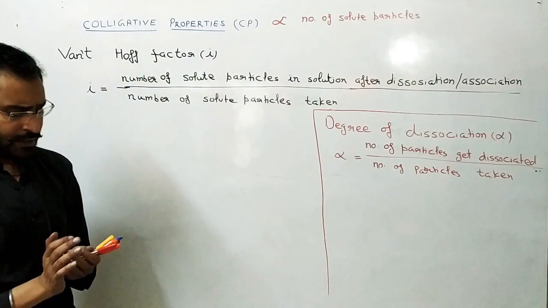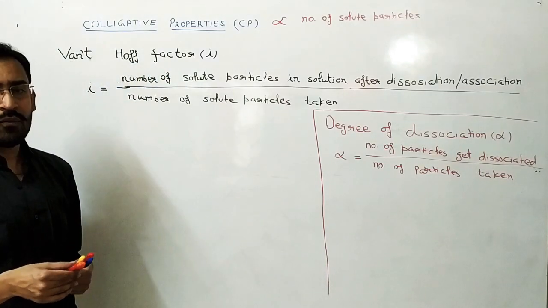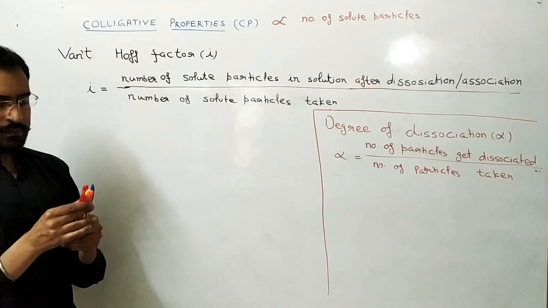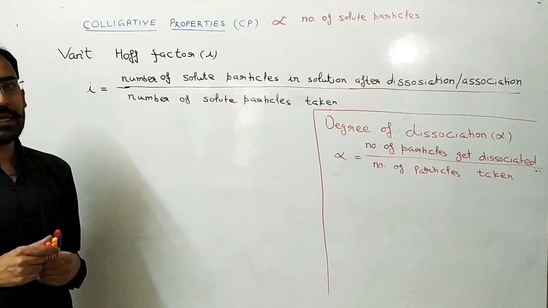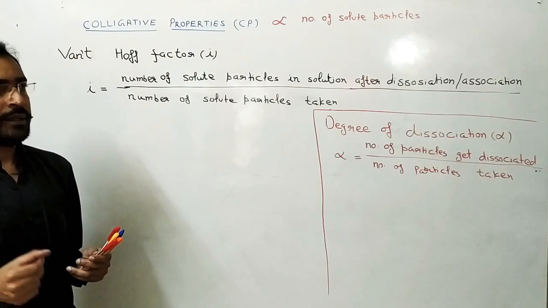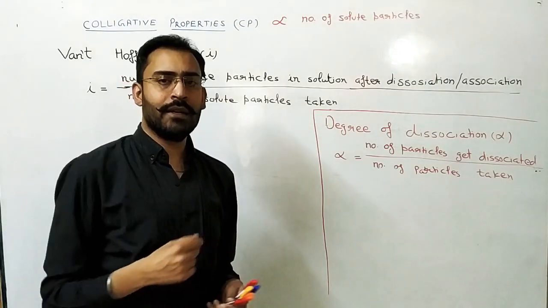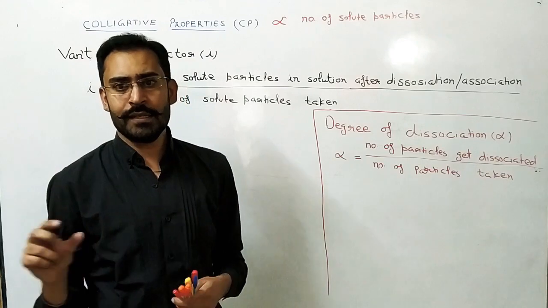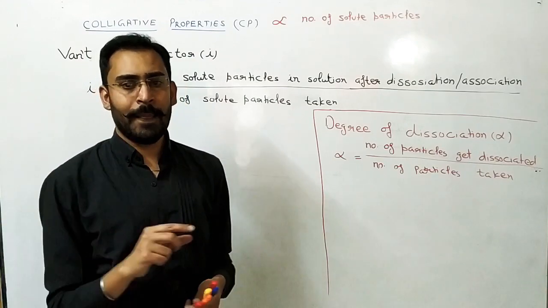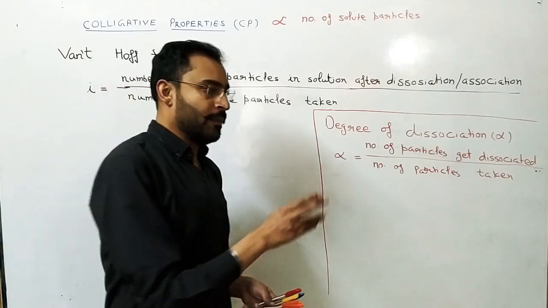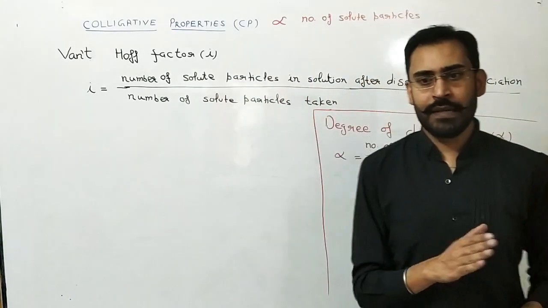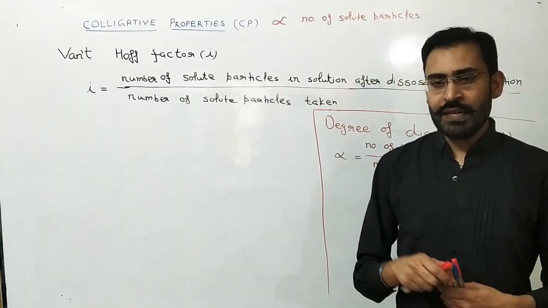We have 6 solute particles. Suppose when this solute is dissolved in water, some of the solute particles get dissociated, just like acetic acid gets dissociated in water as CH3COO negative and H positive. It means one solute particle gets dissociated into 2.